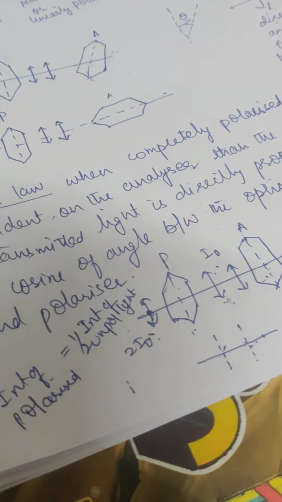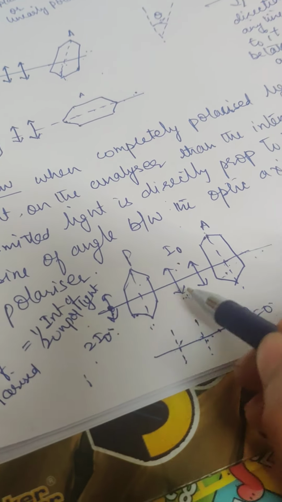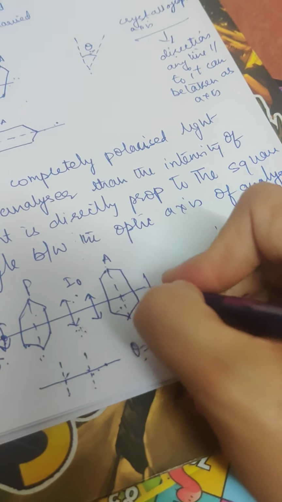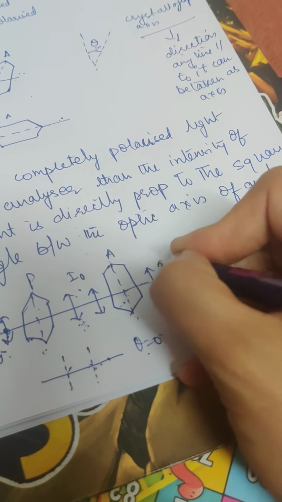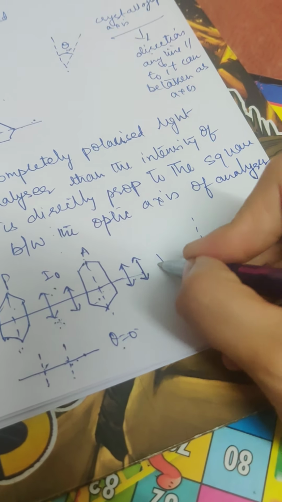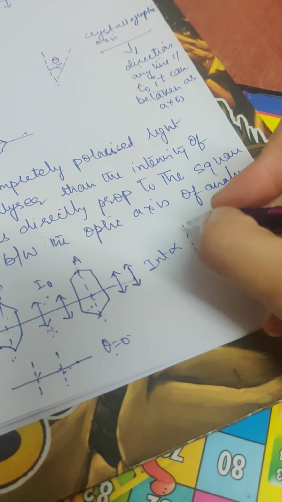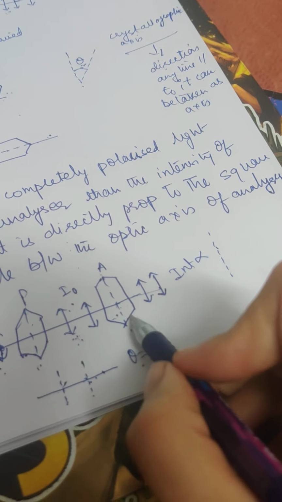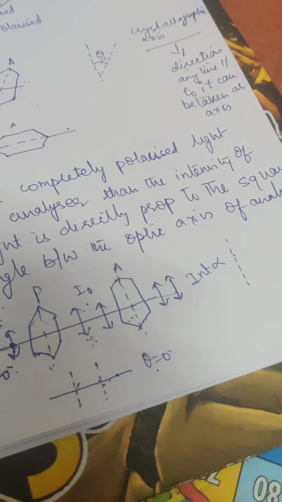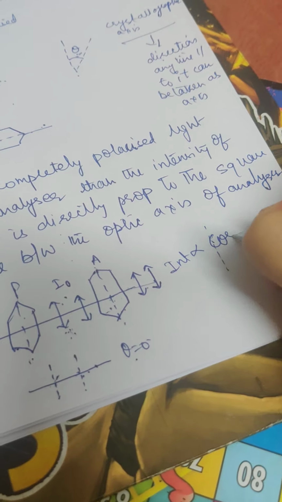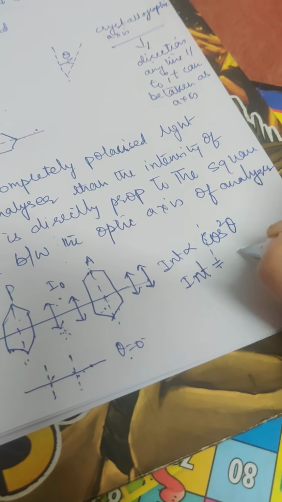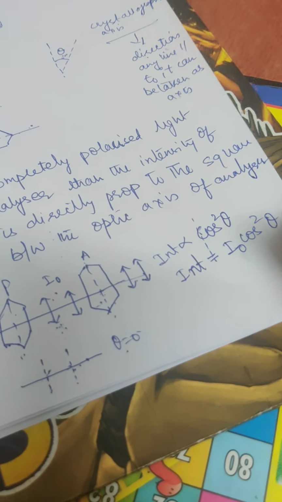Now beta, if the unpolarized intensity is 2 I naught, then the polarized intensity is I naught. The intensity of the light which we get after passing through is proportional to the square of the cosine of the angle between these two, that is cos square theta, so the intensity is I equals I naught cos square theta.